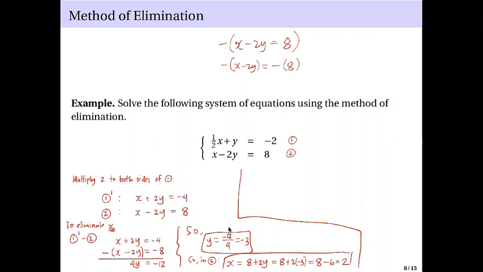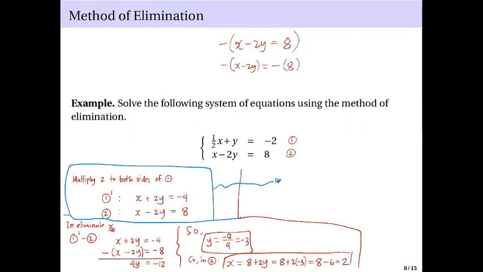Okay, so this is what we obtained if we eliminated the x. Now, let us go back to this part only. Suppose instead of eliminating x, we eliminate y.